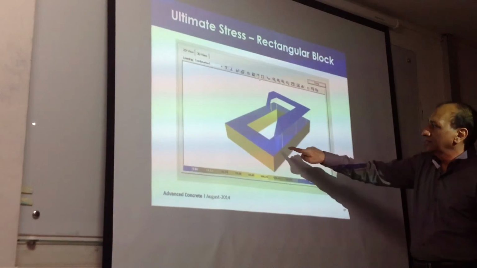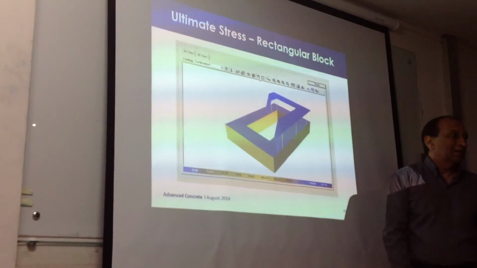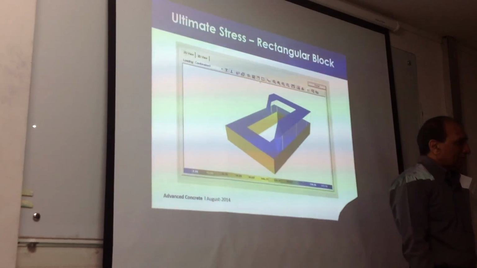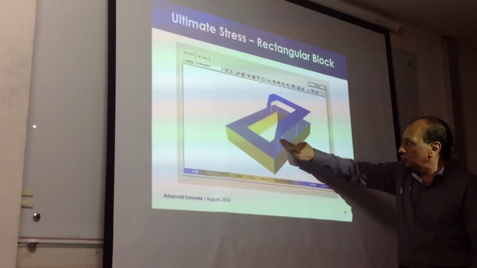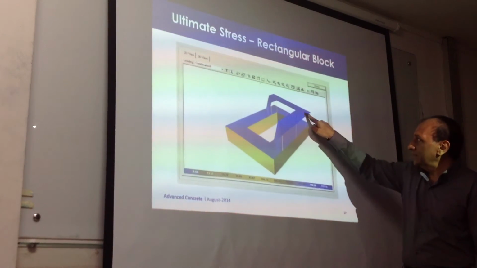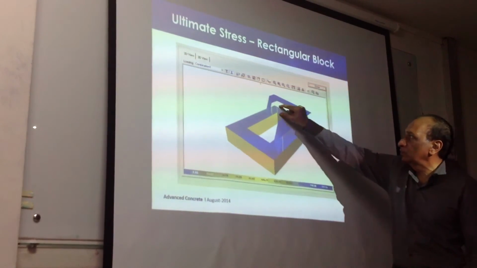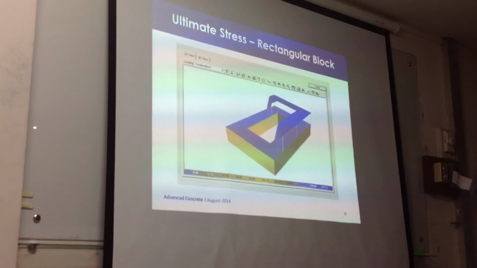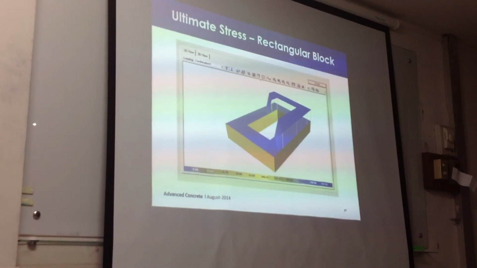In 3D, a stress profile for the concrete will look like that. So the compression force will be equal to all of the stress in this area multiplied by all of the area under stress. The volume of this block will be equal to the compressive force, correct?